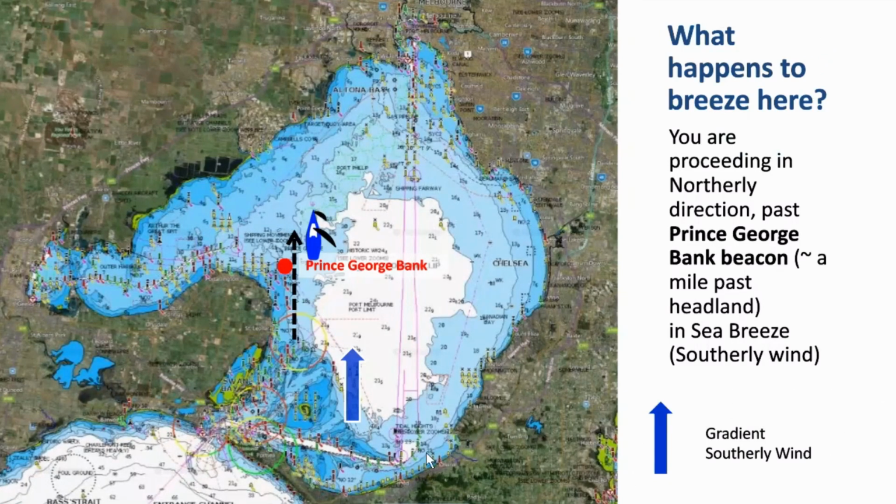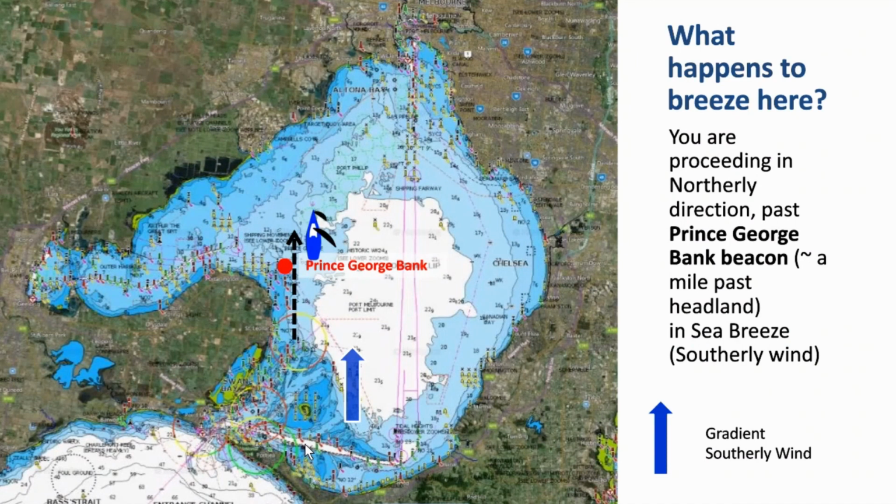Now let's look at a little exercise here. You're proceeding in a northerly direction. You've come in off Bass Strait, gone through the heads, and you're moving up for the West Channel or on your way to Geelong, and you're going past Prince George Bank.